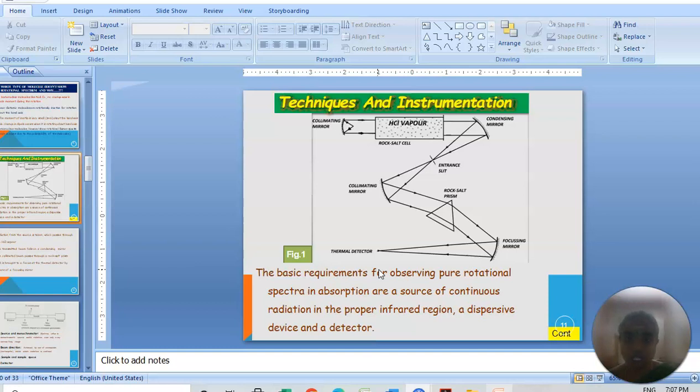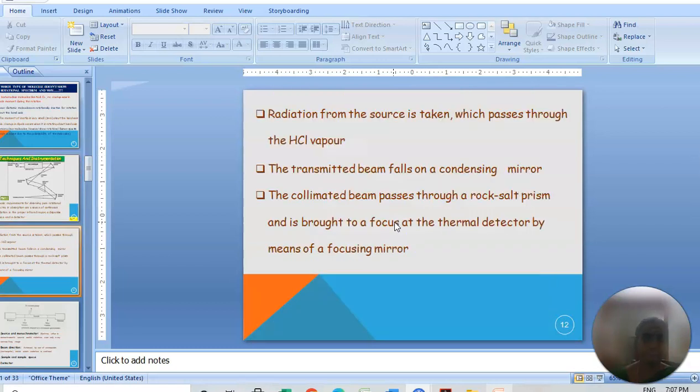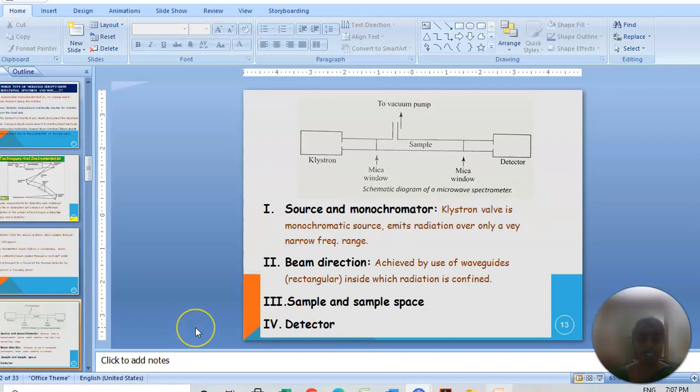All these types of instruments always have a collimator, then a specimen, and the light falls on the sample, the molecules to be analyzed. This is the main schematic diagram of a microwave spectrometer.